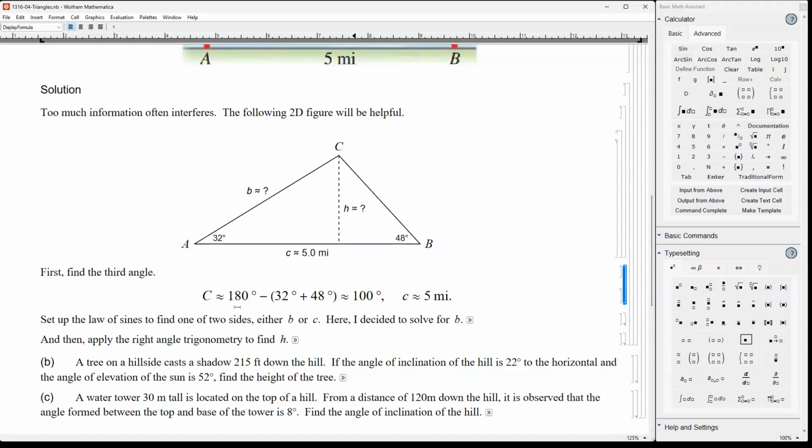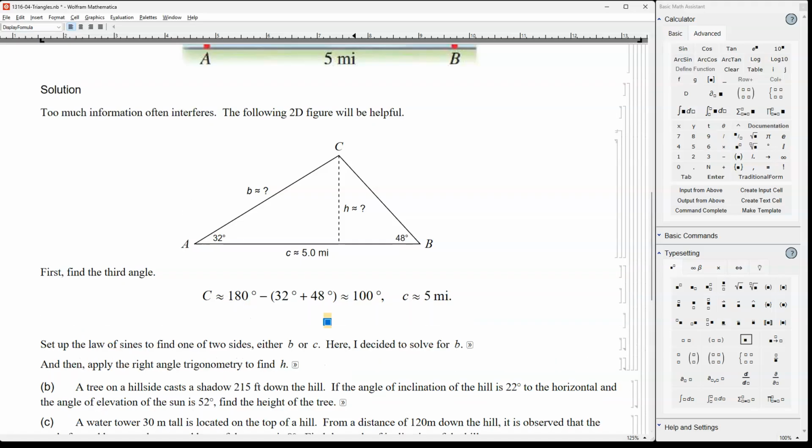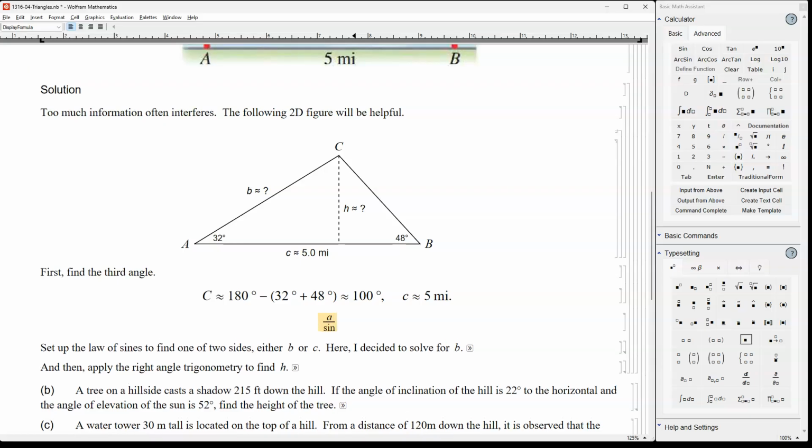Now, let's set up the law of sines. So, a over sine of A, b over sine of B, c over sine of C, all three are equal. That's the law of sines, isn't it?